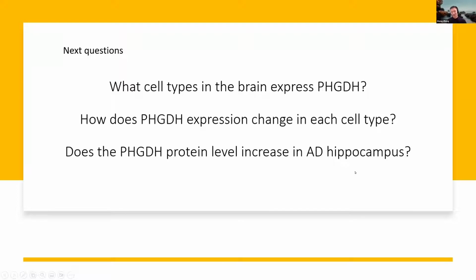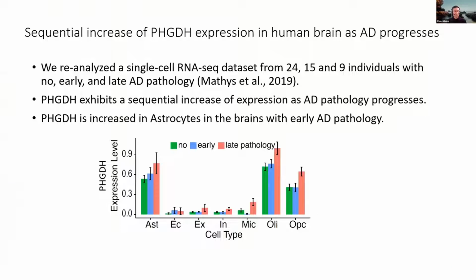Hippocampus is potentially the most critical brain region to the disease. How does the protein change in the human hippocampus in AD would be a critical next question to potentially start to understand why there may be a consistent gene expression that we now observed in multiple cohorts.